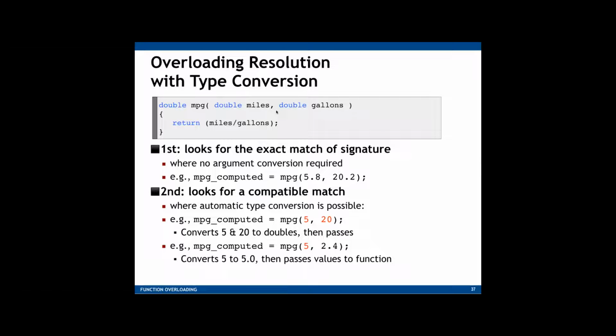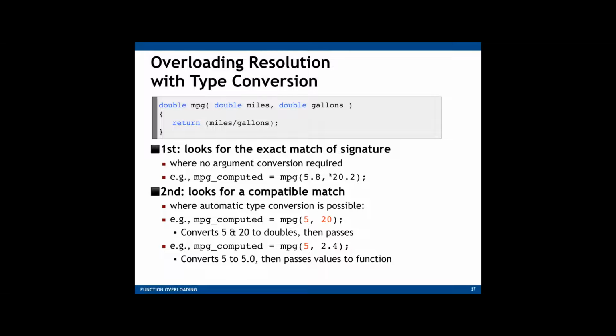The signature of this function call is exactly matched to this function signature, because it's passing two double type arguments, and this function signature receives two parameters of type double. So this function call exactly matches this function. So the compiler will execute this function for this function call.